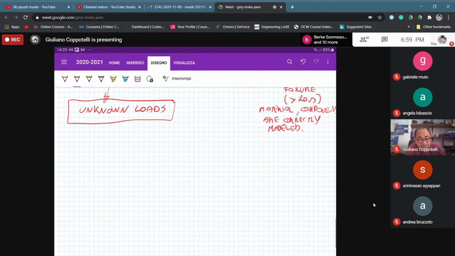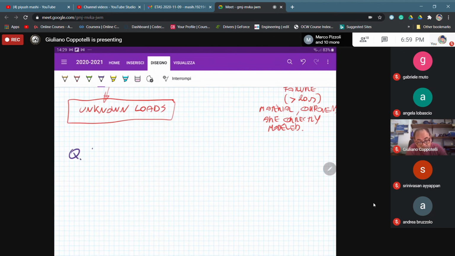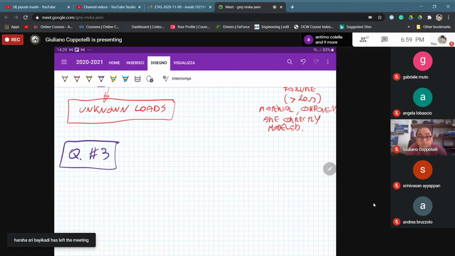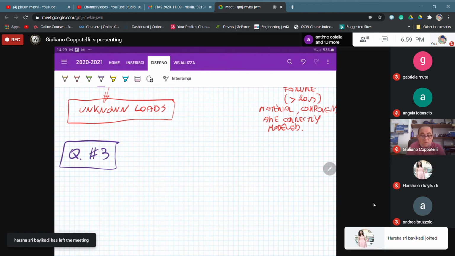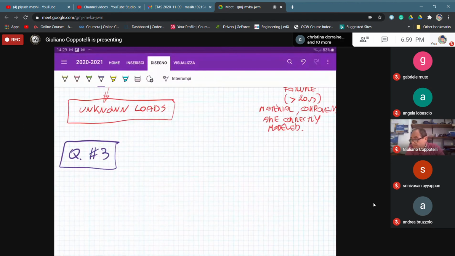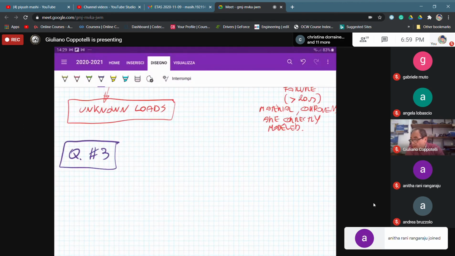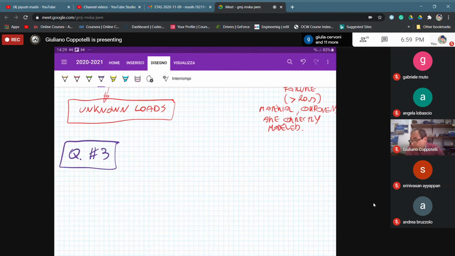Question number 3. We have to consider the effects of temperature while measuring the strain using resistance-based strain gauges.